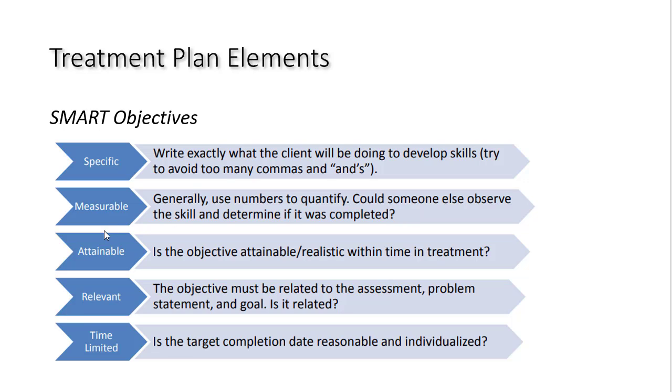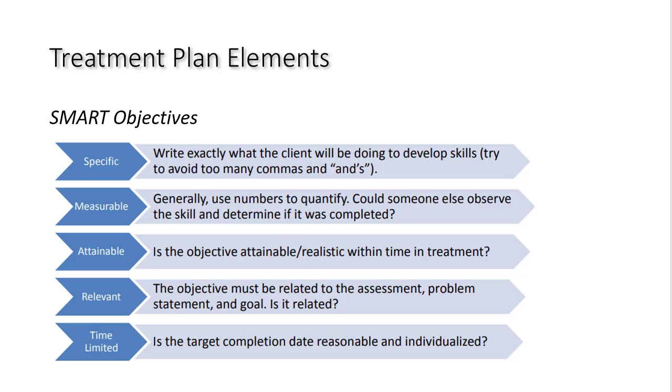Attainable. Can they attain the objective? Is it realistic to do within time and treatment? So can the individual do what they're doing in the treatment realm? So, for example, if we go back to the example with grocery shopping or going into public and trying to feel comfortable grocery shopping, if we said something like, within 3 weeks, the individual will have no discomfort going to the grocery store, that's probably not realistic.